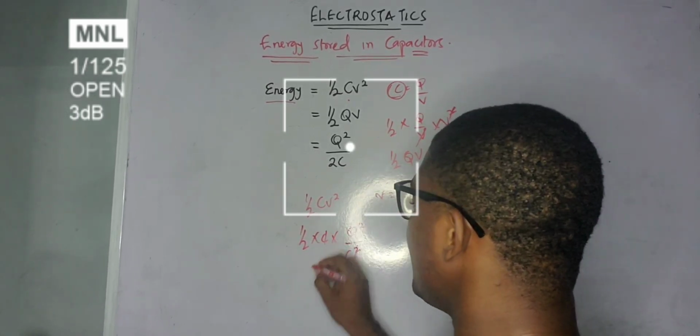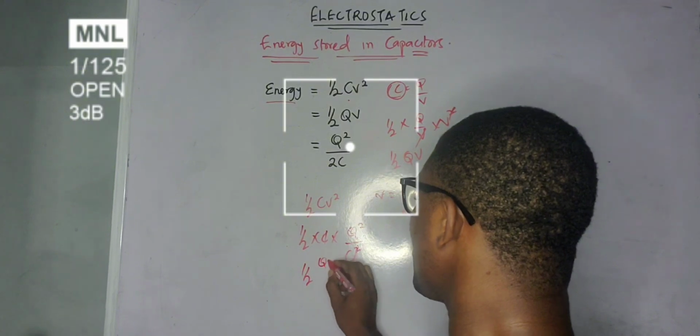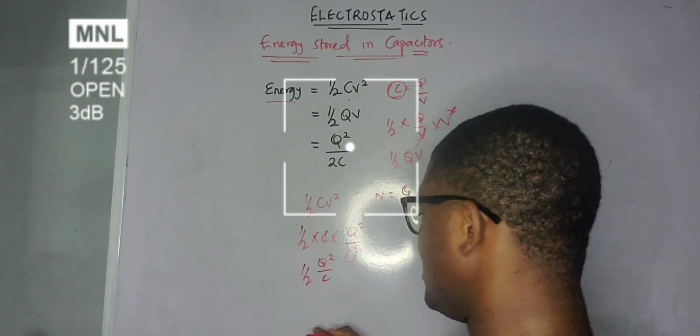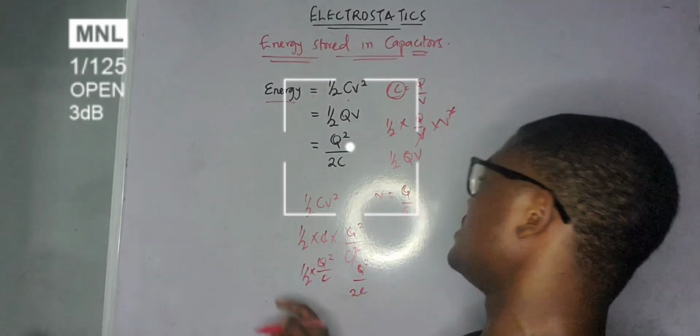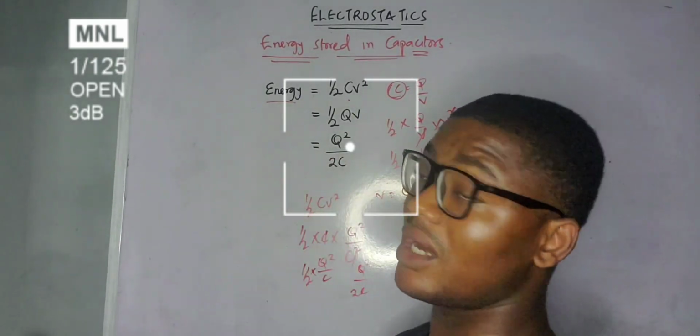So one C cancels one C here. We are going to have 1 over 2 Q squared over C. Now if we multiply it, we are going to have Q squared over 2C. So that's how we got this particular formula here.